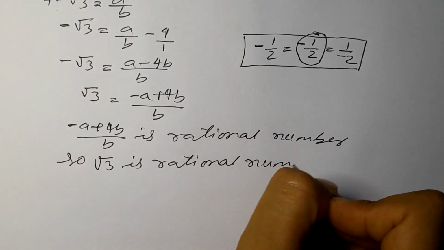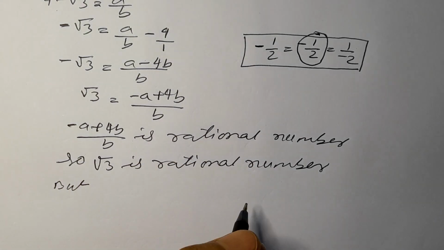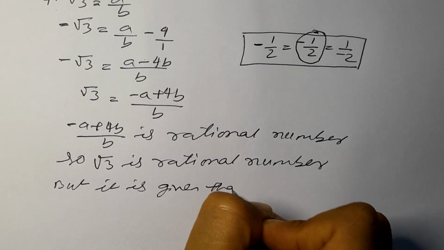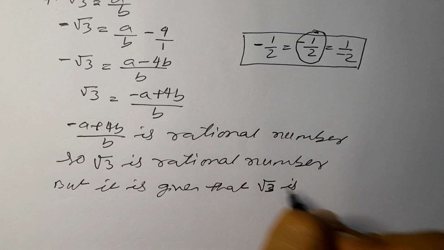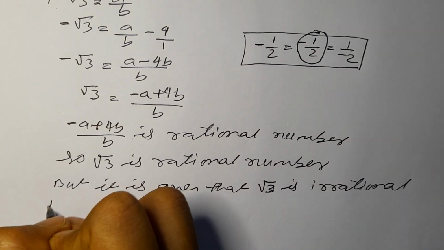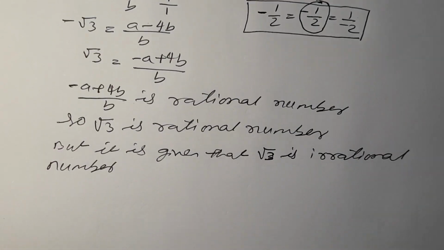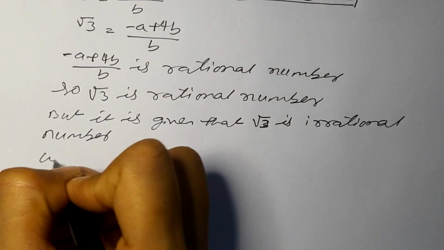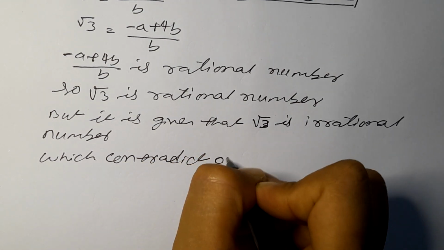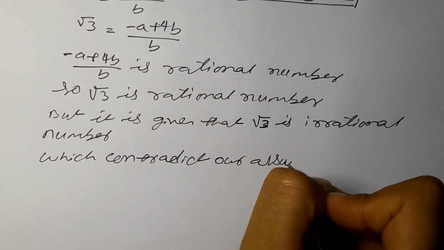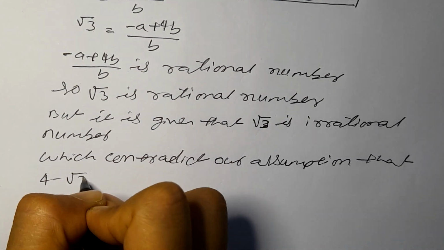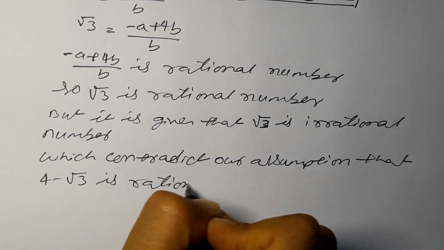But it is given that root 3 is an irrational number, which contradicts our assumption that 4 minus root 3 is a rational number.